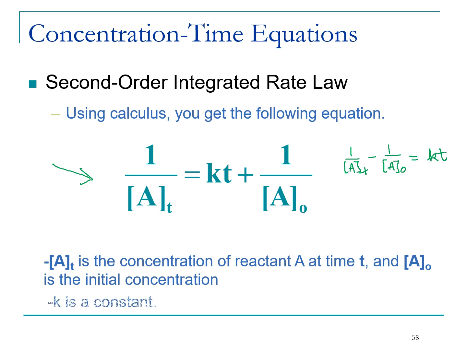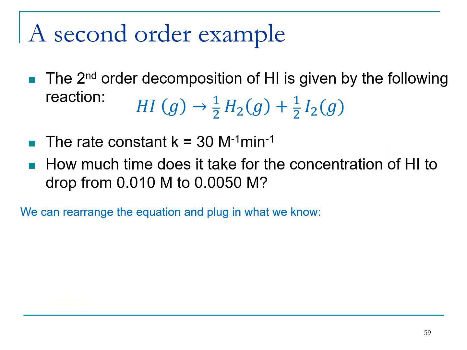I think I've got an example here. All right, so this is a second order decomposition. I can't know by just looking at it that it's second order, and so this problem is telling us that it's second order. For these kinds of problems, they're going to tell you if it's first order or second order or zero order.